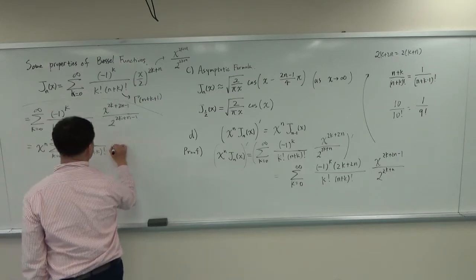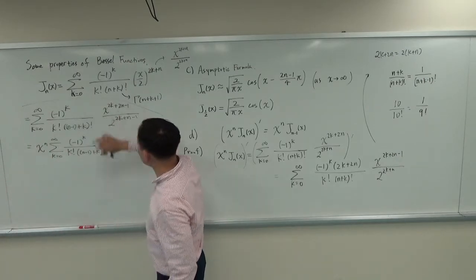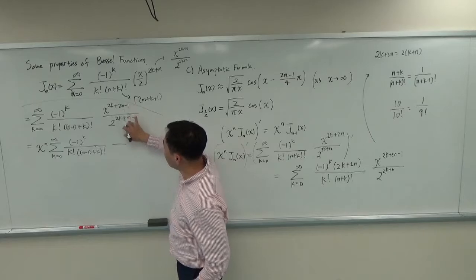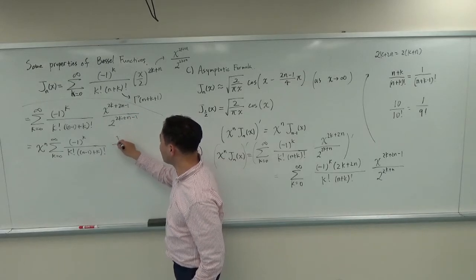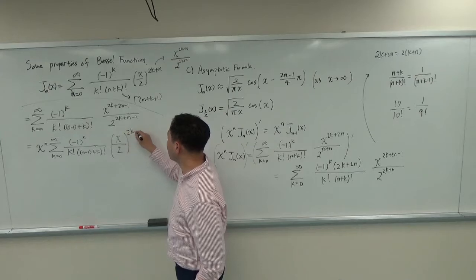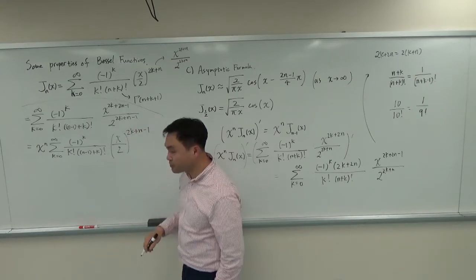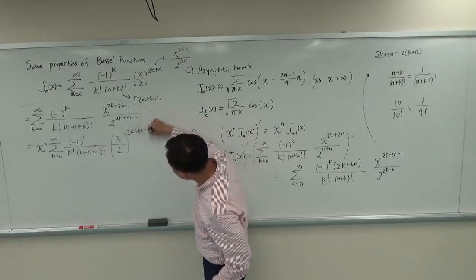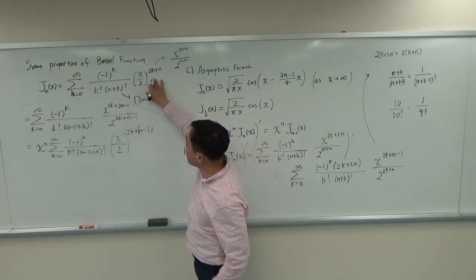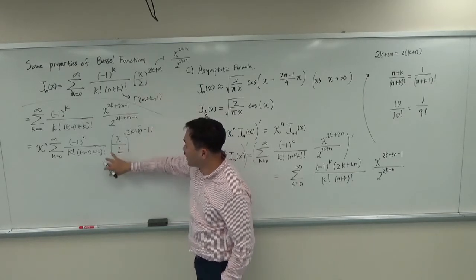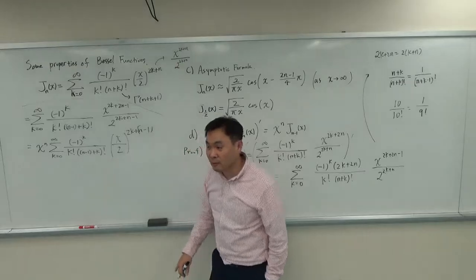And the end result is that once you take the n out, then now they have the same power, so you can rewrite it as x over 2. And you have 2k plus n minus 1. So you can see that this formula is exactly the same as that one, except that n is replaced by n minus 1, right?